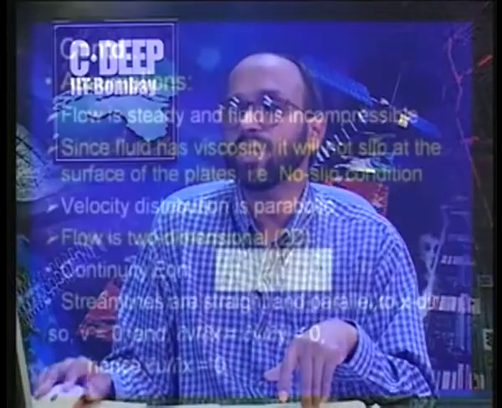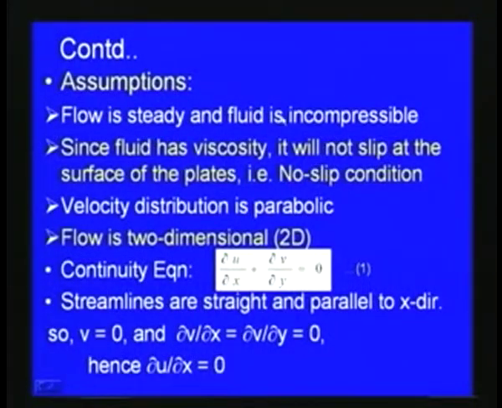The assumptions used are: the flow is steady and the fluid is incompressible. So the time dependent variables we can neglect since the flow is steady, and density variation is not there since the fluid is incompressible. Second assumption is that the fluid has viscosity, it will not slip at the surface of the plate, that means we consider the no slip condition.